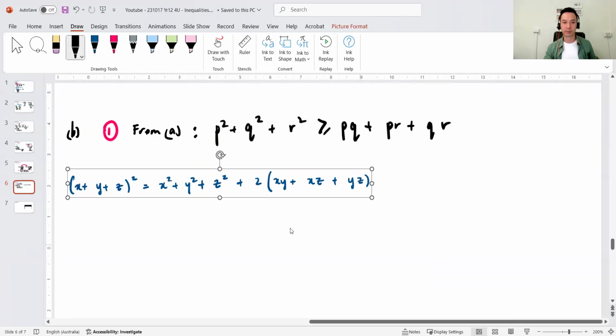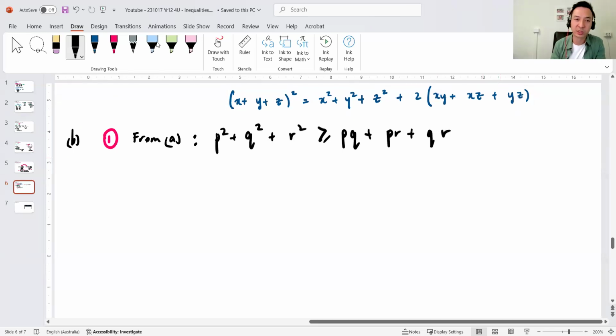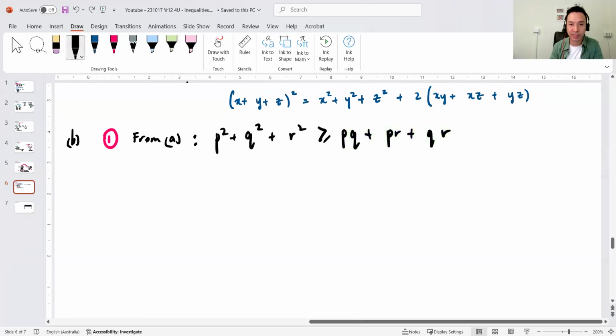If I want that to be the perfect square, I need to transform the right side. I want this to be this side. Is that right? No. The question has less than, so I need to swap this around first. So once you copy that down, maybe flip the side. So PQ plus PR plus QR is less than or equal to P squared plus Q squared plus R squared.